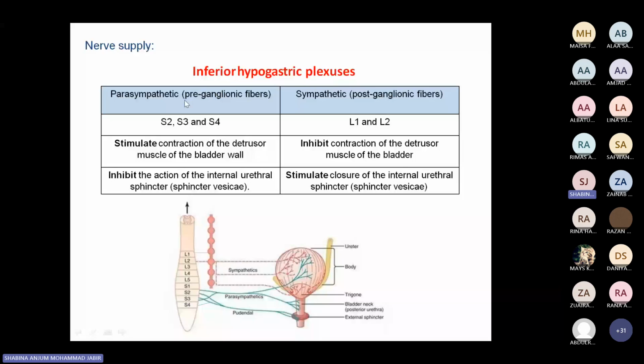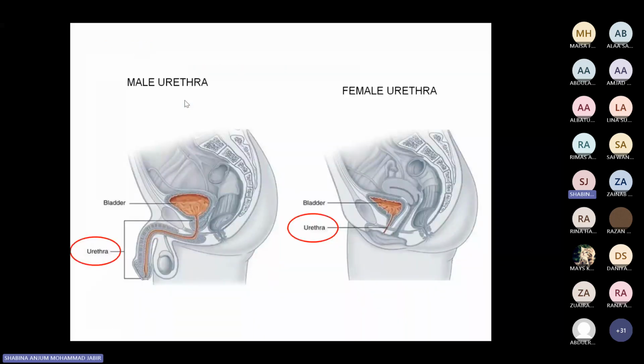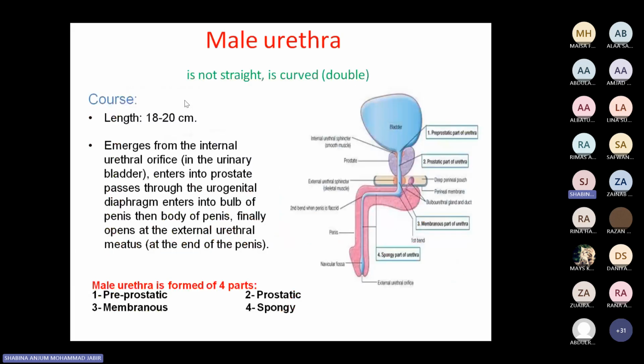So we have the urethra. If you see, the female urethra is shorter, and the male urethra is longer in length. The male urethra is not straight, it has a double curve. The length is about 18 to 20 centimeters. From where does it start?